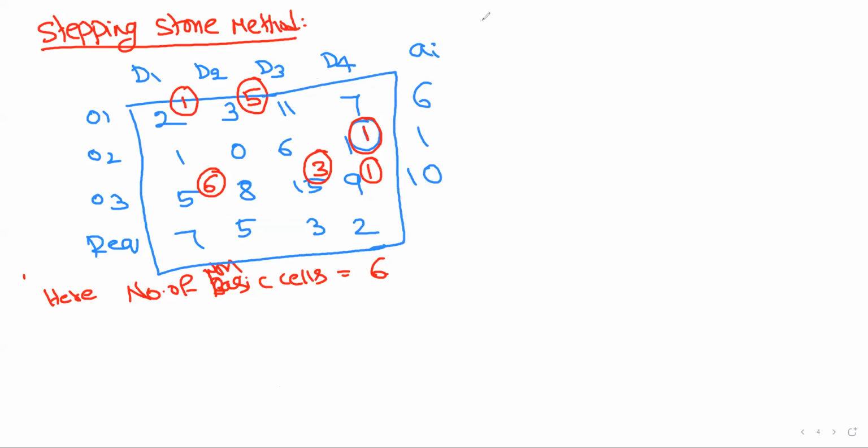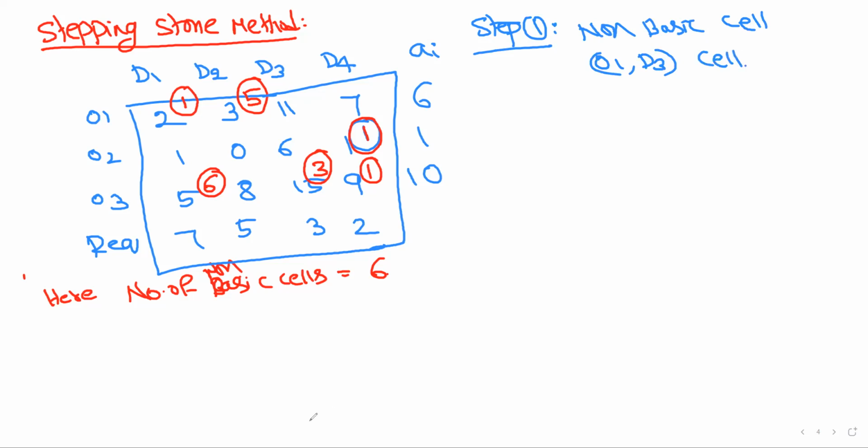Step 1. First I'm taking the first non-basic cell, the O1 D3 cell. I want to draw the diagram for this one.